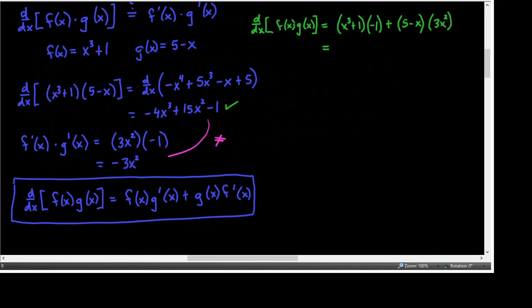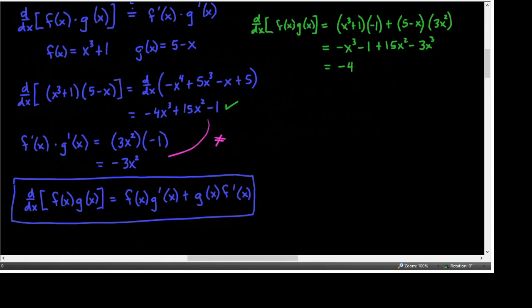So distributing, I get negative x cubed minus 1, and distributing, I get plus 15x squared minus 3x cubed. I have to collect like terms to get the same answer.